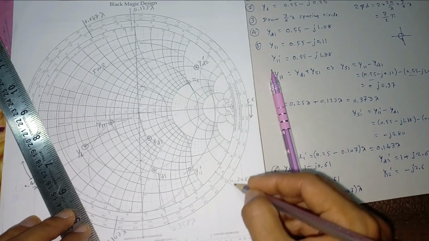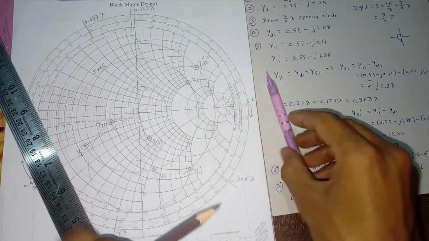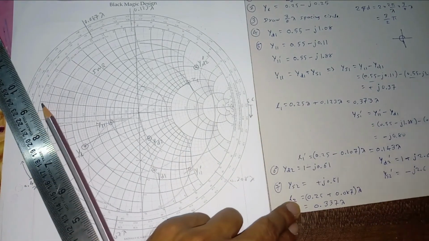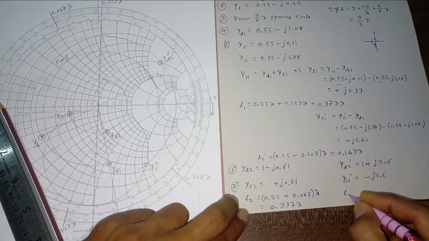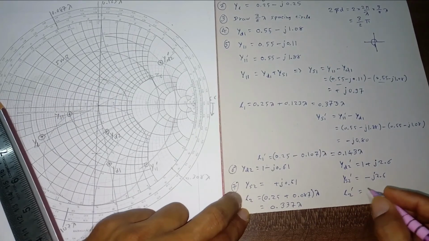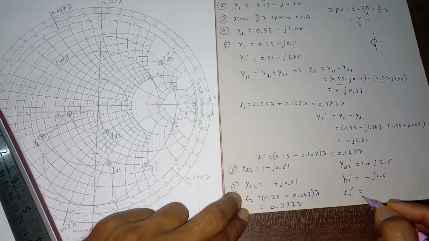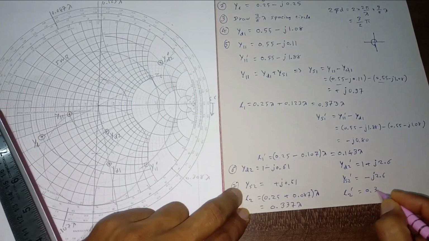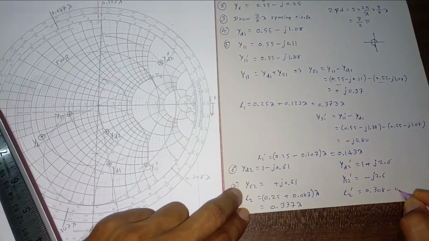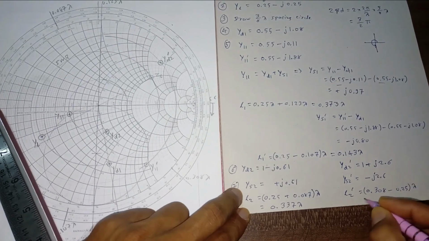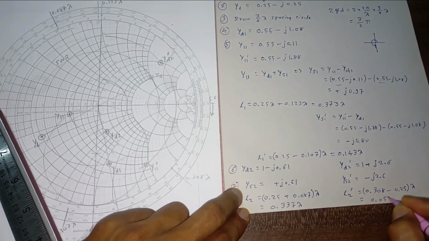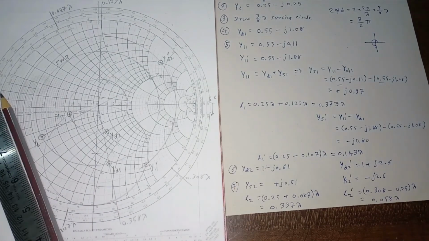So 0.308 minus 0.25, so we will get L2 dash. This is the second solution. Okay. Either we can connect this stub or we can connect this. 0.308 minus 0.25 lambda, and we will get 0.058 lambda. So this is how we can connect a double stub for minimizing the SWR and reflected waves and properly matching the load impedance with the characteristic impedance.